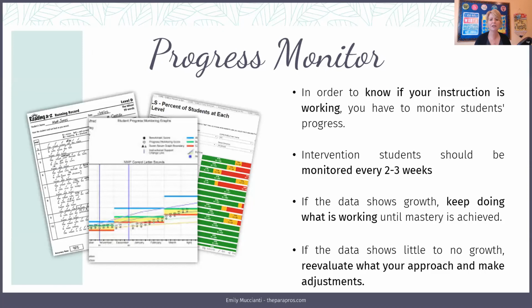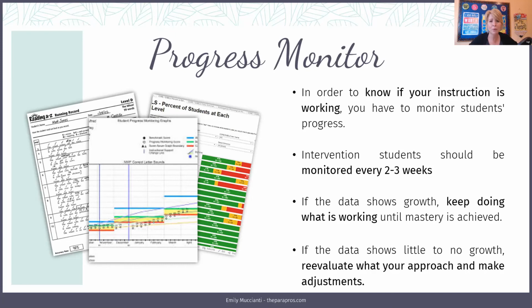And then finally, we have to progress monitor. No matter what you are doing in any of these areas of reading instruction related to intervention, if you are not progress monitoring every 2 to 3 weeks to see if what you're doing is working, then you are missing a very important opportunity.